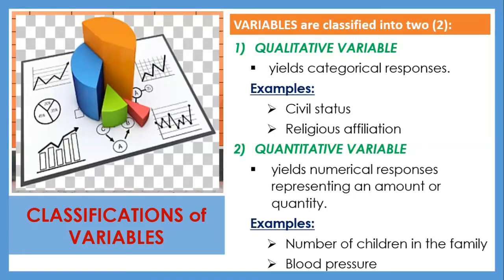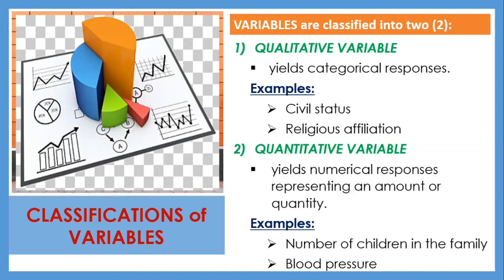So what are the two classifications of variables? Under variables, we have qualitative variables, and we also have quantitative variables. If we say qualitative variable, this yields categorical responses. Examples: civil status, religious affiliation.